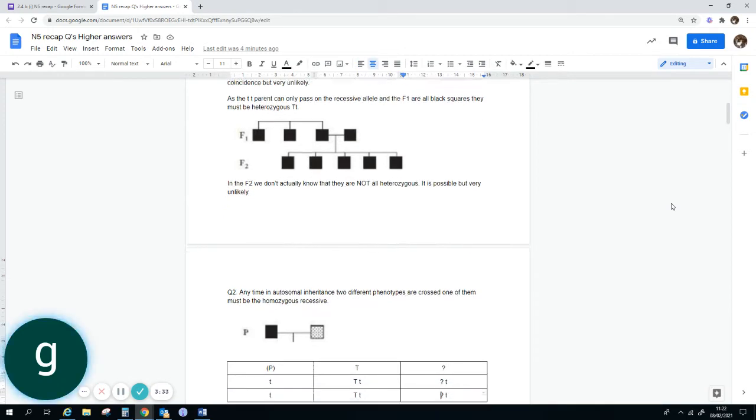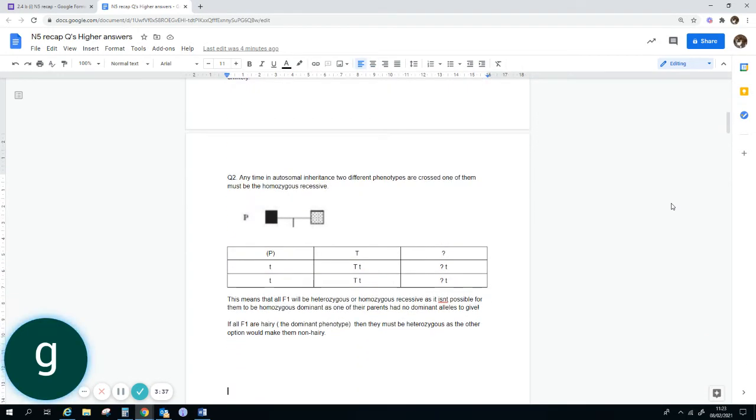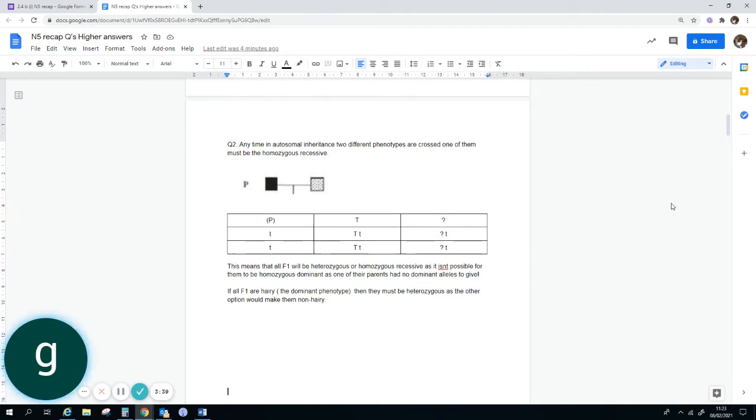Any time in autosomal inheritance, two differently phenotyped ones are crossed, one of them has to be homozygous recessive, because in autosomal inheritance, for you to have a different phenotype, you must be homozygous recessive. Because if you had one of the dominant alleles, if you're either heterozygote or homozygous dominant, you would have the dominant phenotype. So that means one of these is the homozygous recessive.